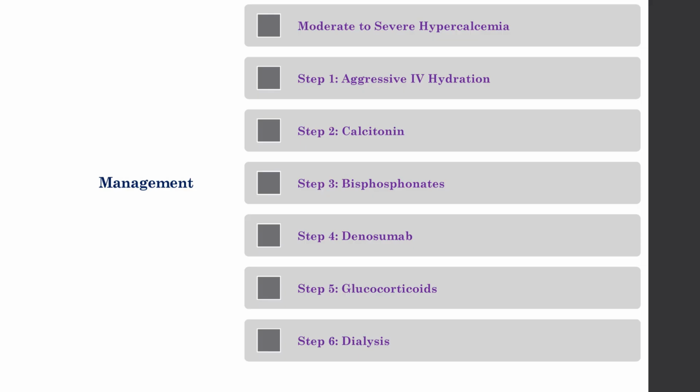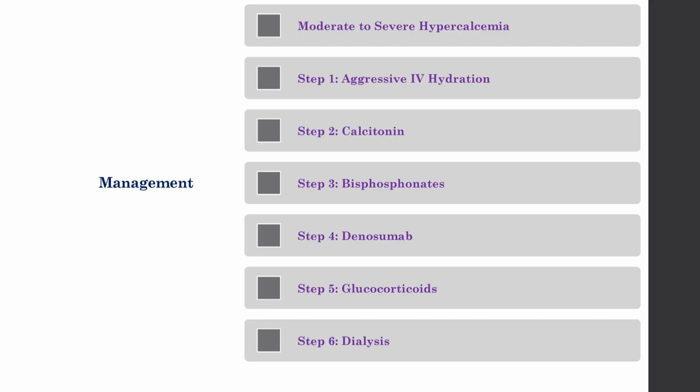First, aggressive intravenous hydration. Use normal saline. Most patients are volume depleted due to nephrogenic diabetes insipidus. Aim for adequate urine output while avoiding fluid overload.